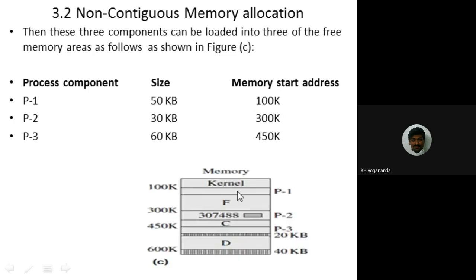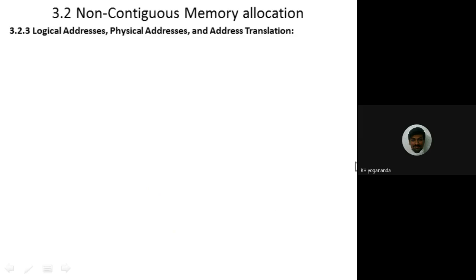See, this is how the allocation has been done. Earlier, at 100k the memory area is 50 kb; now it is allocated to P1. At 300k there is 30 kb; it is allocated to P2. At 450k the size was 80 kb and 60 kb is allocated to P3, and the remaining is 20 kb. Next, logical address, physical address, and address translation.